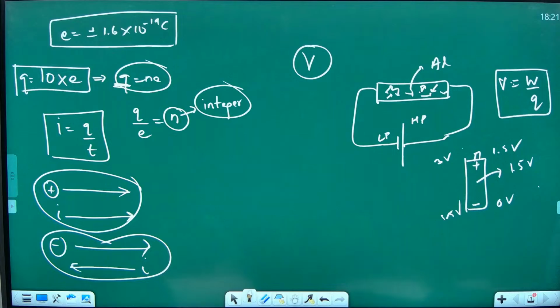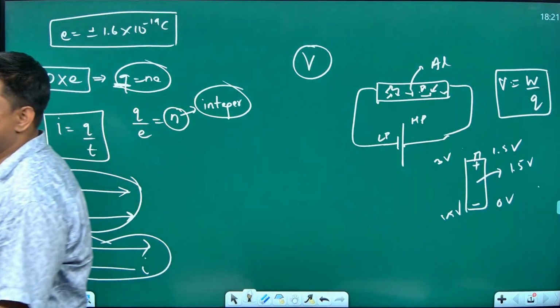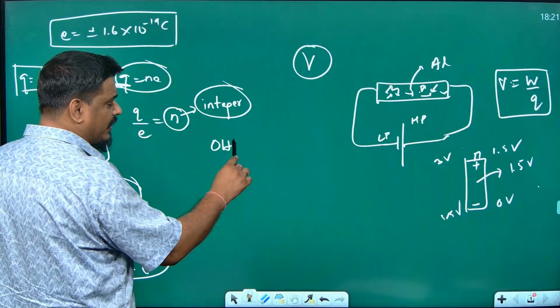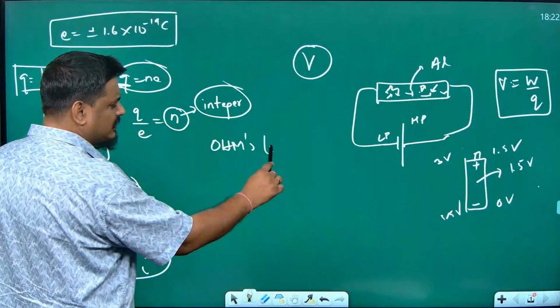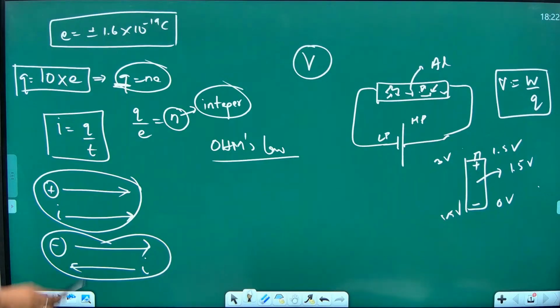Then in the previous class we learnt about something called Ohm's law, where a famous physicist, his name was Ohm, made a relationship between what and what? Between voltage and current. So, he did an experiment.